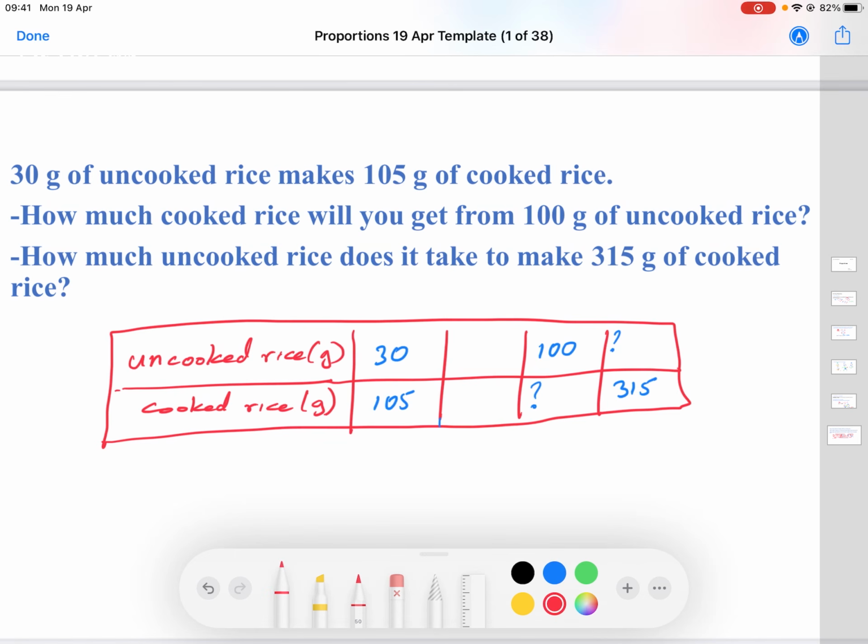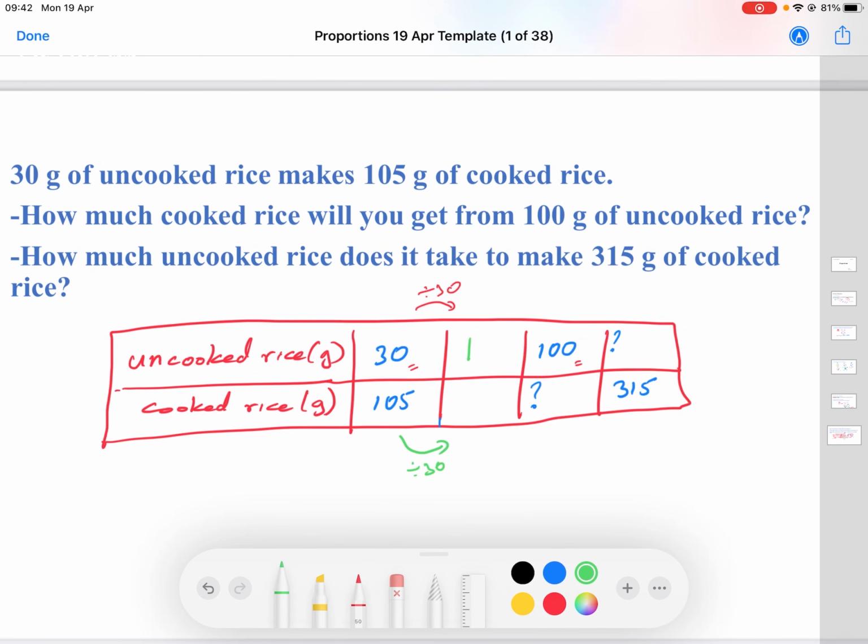Now as you see, from 30 to 100, we cannot multiply or divide to get 100 directly. And if you want to take it to unit rate, 30 divide by 30 is fine, but 105 divide by 30 will be a problem.